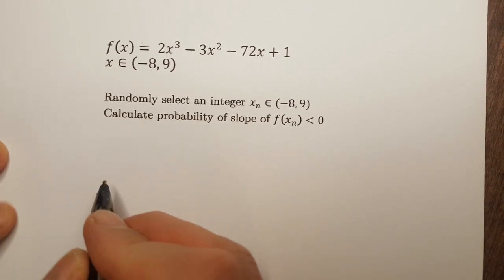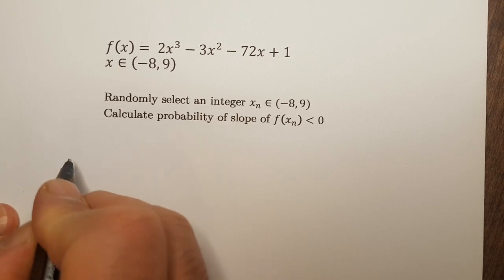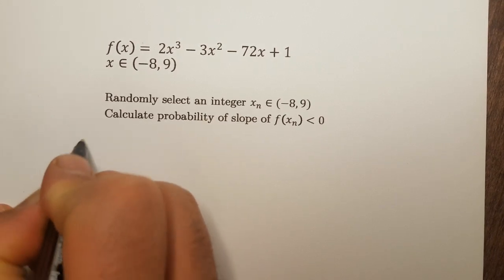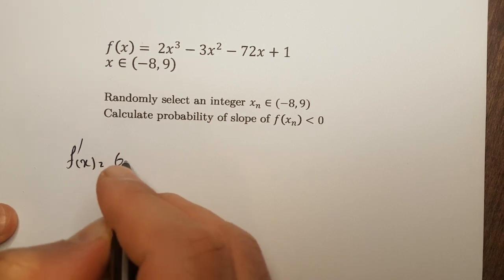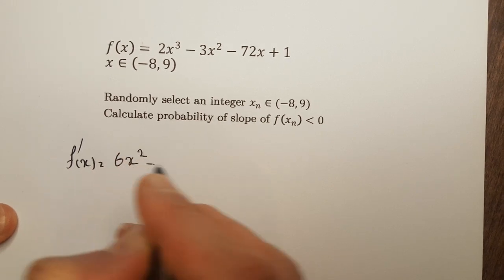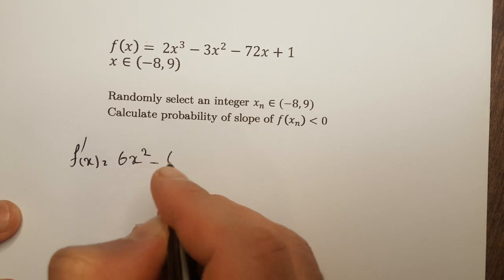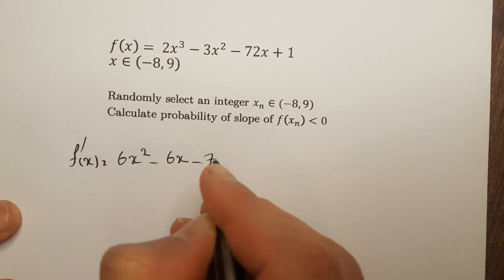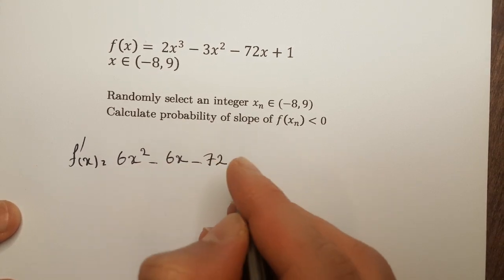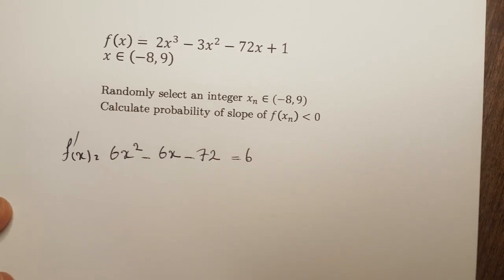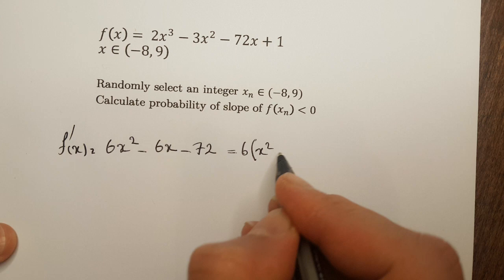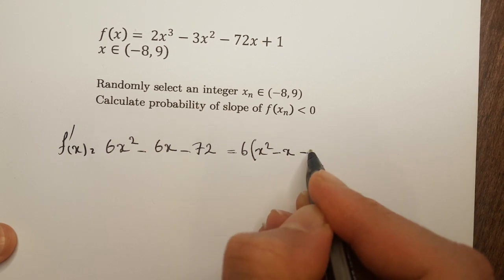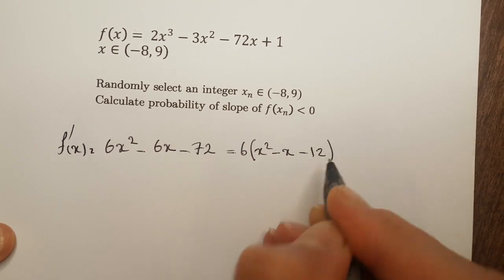So if we denote the derivative of f(x) as f prime of x, it will be equal to 6x² - 6x - 72. If we factor a 6 from this, we will have x² - x - 12.